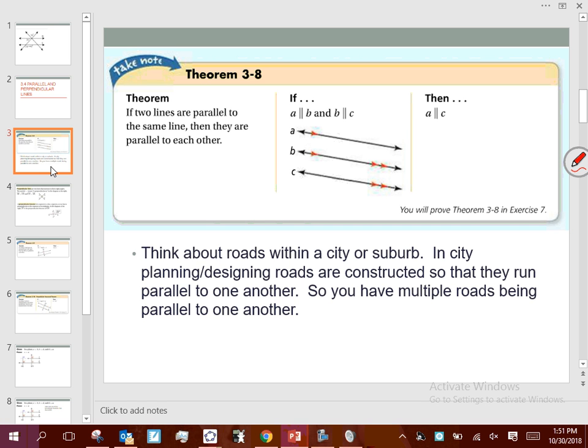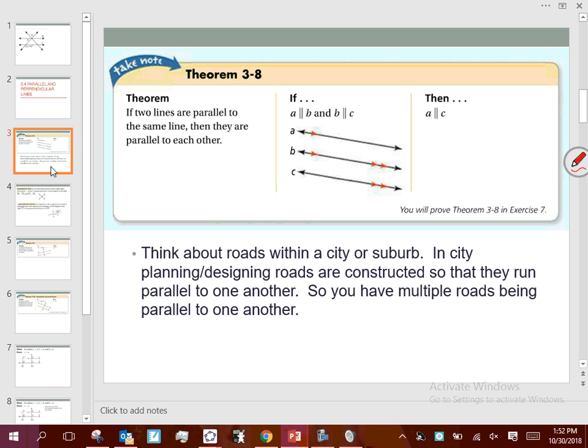Does that make sense to everybody? You have the transitive property with parallel lines. At the bottom, just to give you an idea, if you've ever been to Manhattan, New York City, the roads there, and this happens in a lot of cities, if we were looking at an aerial view, you have a bunch of parallel roads.